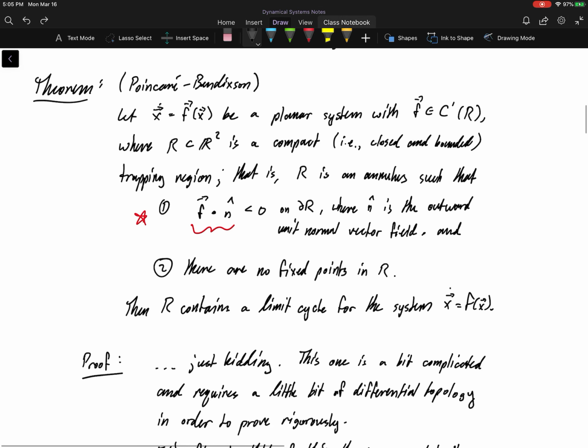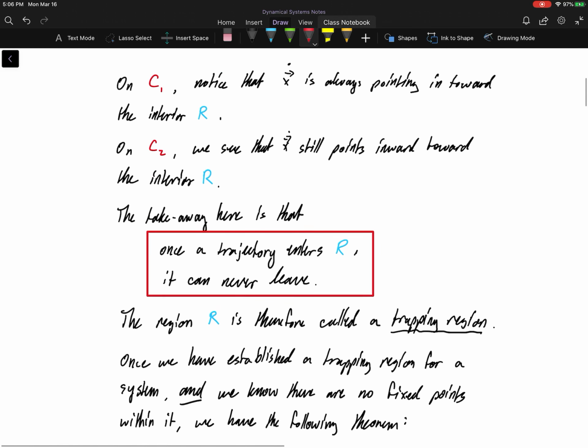So coming back to the statement of the theorem, that's all we're asking in here, is that we are guaranteeing that this is an honest-to-goodness trapping region where the vector field is pointing in toward R at all points on the boundary, both boundary components, the inner and the outer circles. And statement number 2 here is just to guarantee that there is nothing else for trajectories to be attracted to within that region.